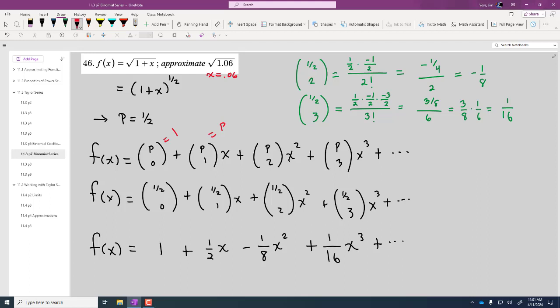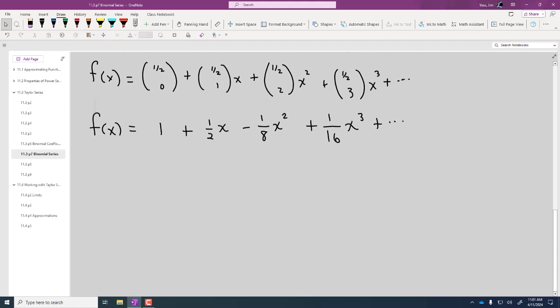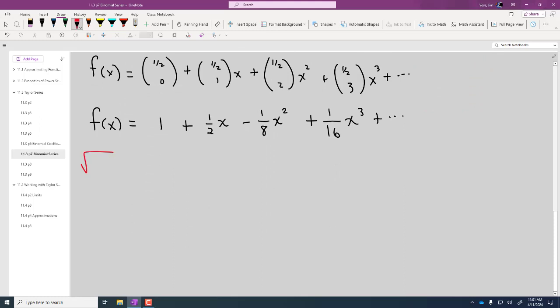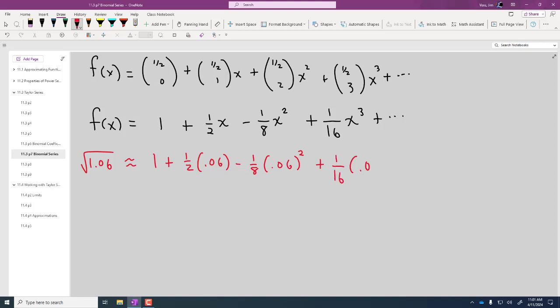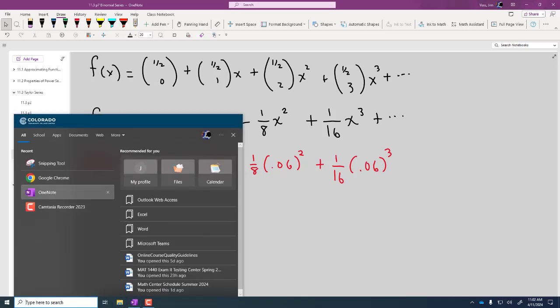So the square root of 1.06 will be approximately equal to 1 plus 1/2 times 0.06 minus 1/8 times 0.06 squared plus 1/16 times 0.06 cubed. Now, the further you go, is that going to give you a more accurate answer? 100%. The further we go out in that series, the better the approximation is going to be.